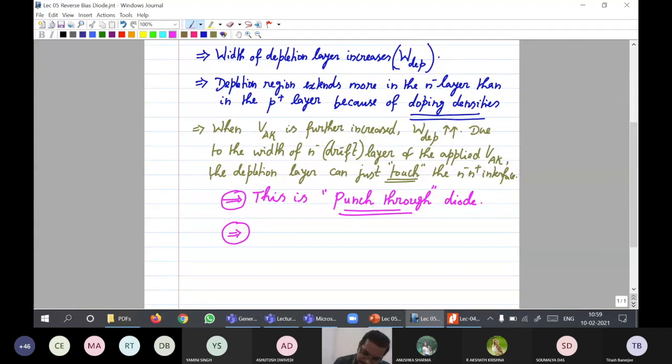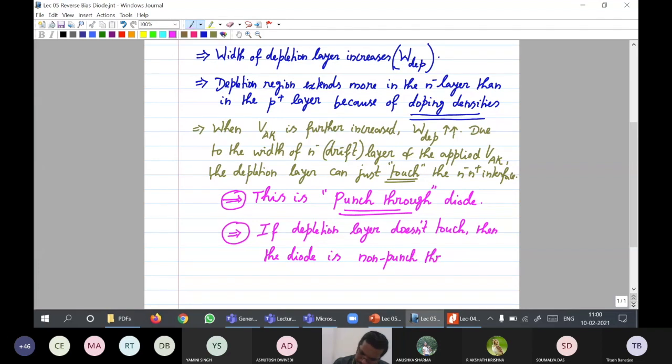That is, if the depletion layer doesn't touch, then the diode is a non-punch through diode. It is not punching through, so it is termed a non-punch through diode.